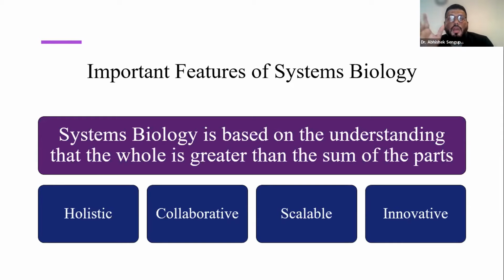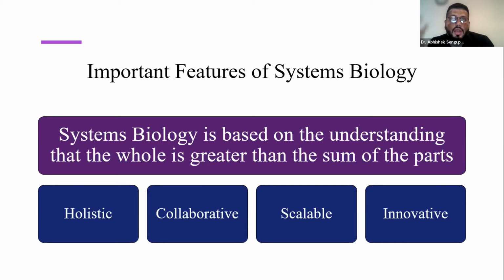So we talk about various organism level models, for example whole organism based metabolic models, or genome scale metabolic models of human, of E. coli, of Saccharomyces cerevisiae. In short, we call them GEMs.